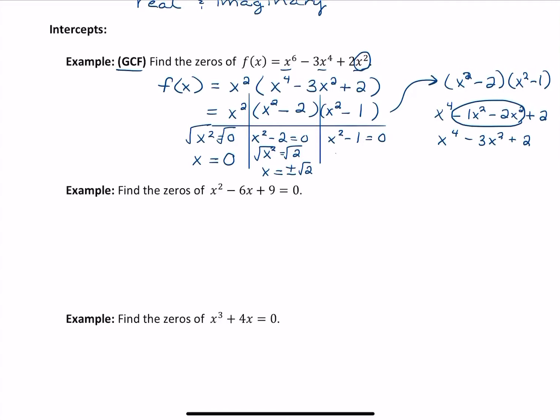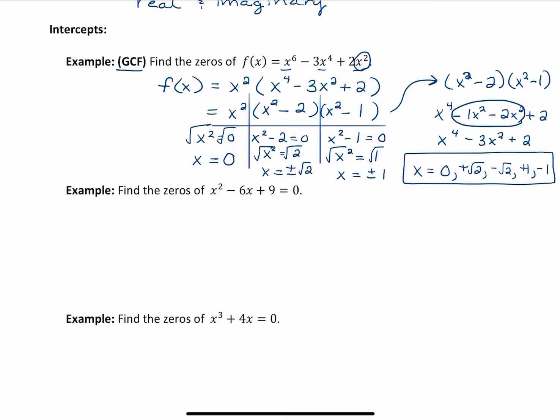Then the same thing with x squared minus 1: I add 1 to both sides and then square root both sides, and that leaves me with x equals plus or minus 1. Remember, when you square root both sides, you always get the positive and negative of that answer. So my zeros are 0, positive square root of 2, negative square root of 2, positive 1, and negative 1.